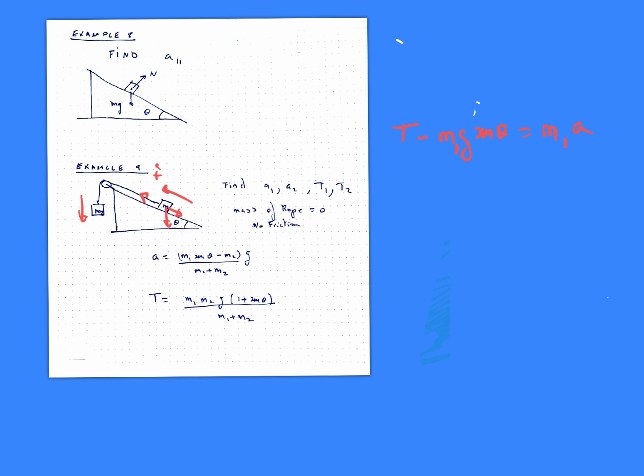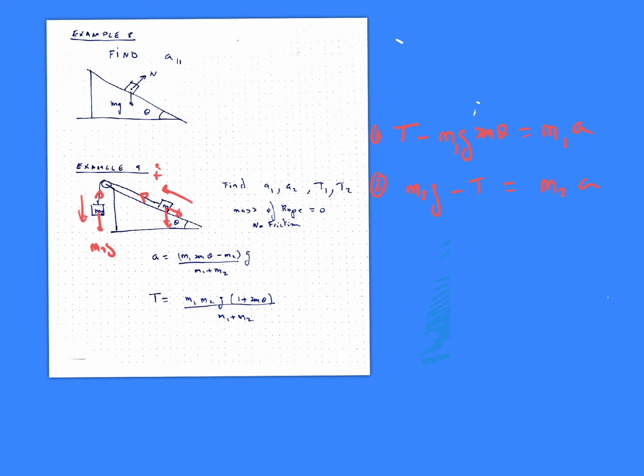We suppose that the accelerations a1 and a2 are the same because they are linked by the rope, so they move with the same acceleration. So this is the first equation: T minus m1g sine of theta equals m1a. For m2, I see the tension here and the weight m2g. So equation 2 will be m2g going downwards minus T going upwards equals m2a.